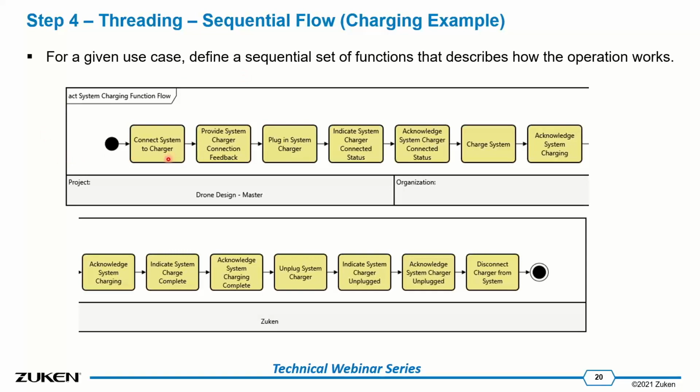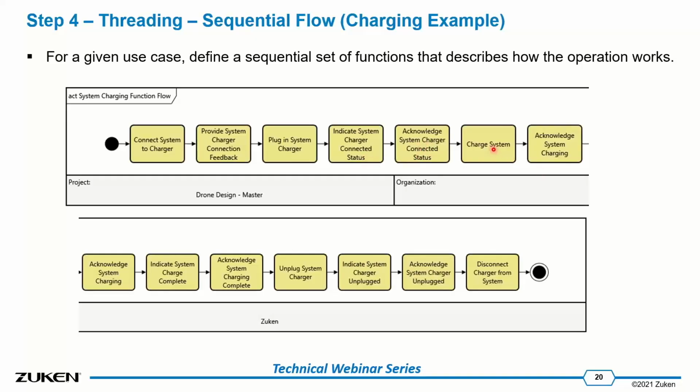Well, if I think about it, the user is going to plug the charger into the system. And then, well, I put this here for a specific reason, but okay, provide the feedback that it's been connected. And then I'm going to plug in the charger itself. When I do that, I'm going to get an indication, indicate system charger connected. Okay, the user should acknowledge that.